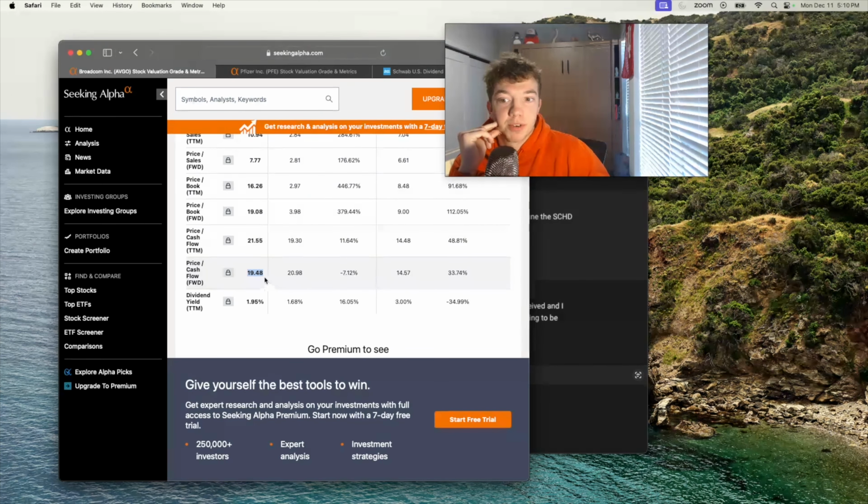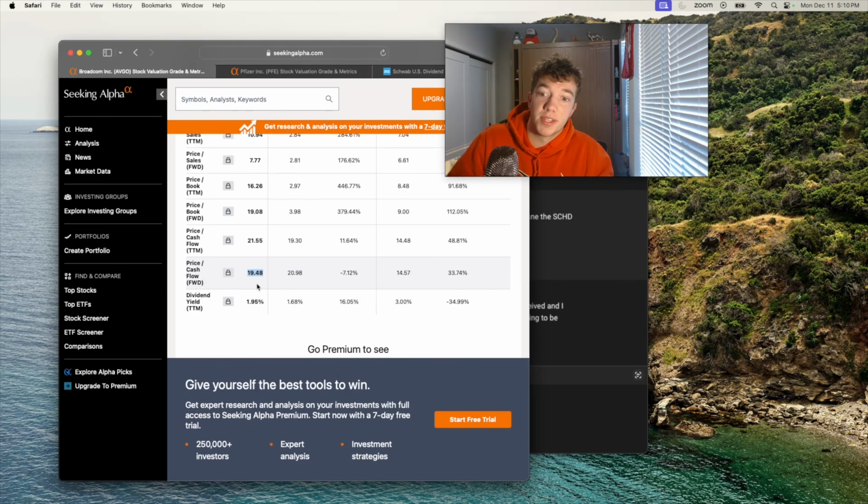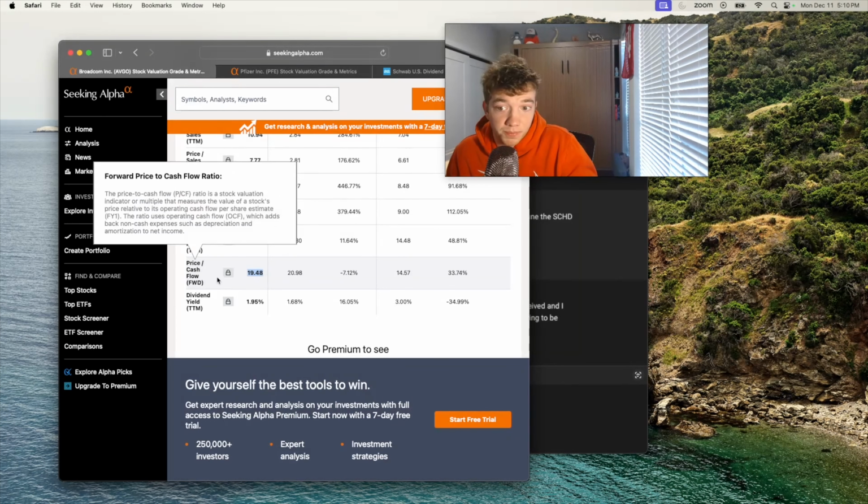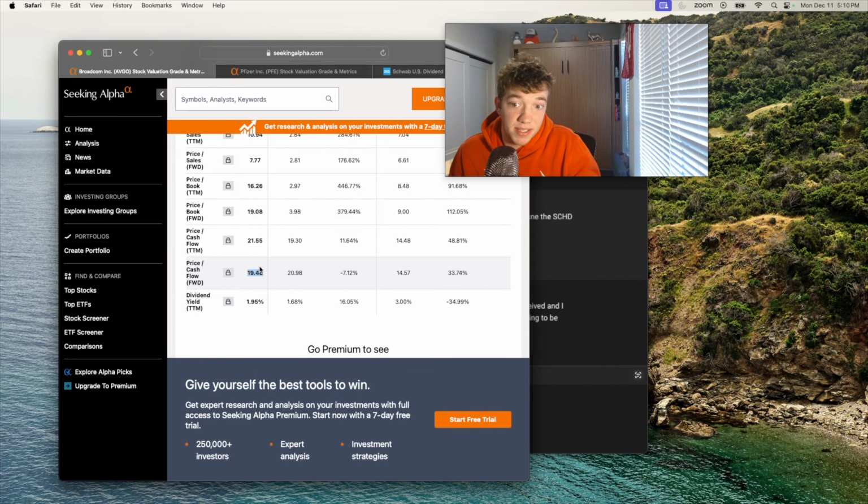First, we're going to observe AVGO, which is Broadcom, if you're unfamiliar with the ticker. Looking here at their price to cash flow on a forward basis, it's 19.5. What I like to do is compare this current metric to the 5-year average of 14.5.